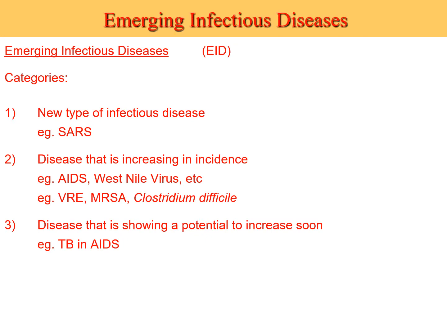Okay, as you know, there are emerging infectious diseases, and I've left one out that's important. New diseases or newly occurring in human diseases or suddenly increasing. These are new kinds of diseases.